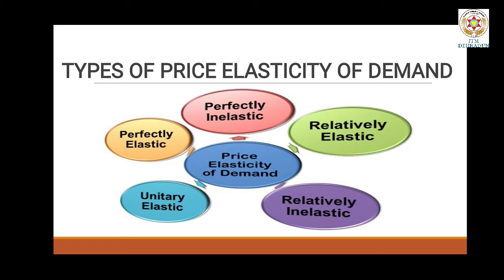Now there are different types or degrees of price elasticity. The price elasticity of demand can be perfectly elastic demand, perfectly inelastic demand, unitary elastic demand, relatively elastic, or relatively inelastic demand.